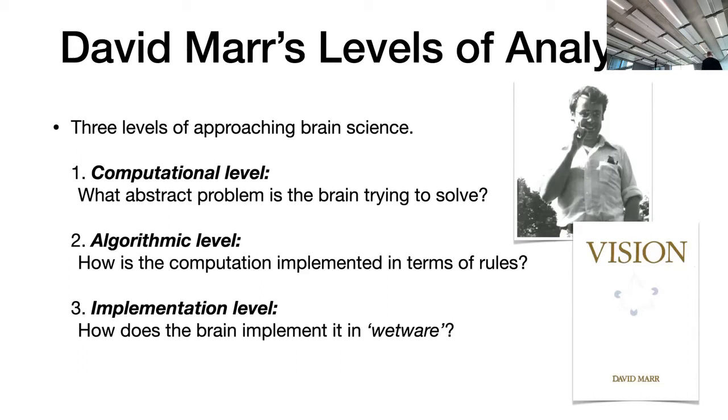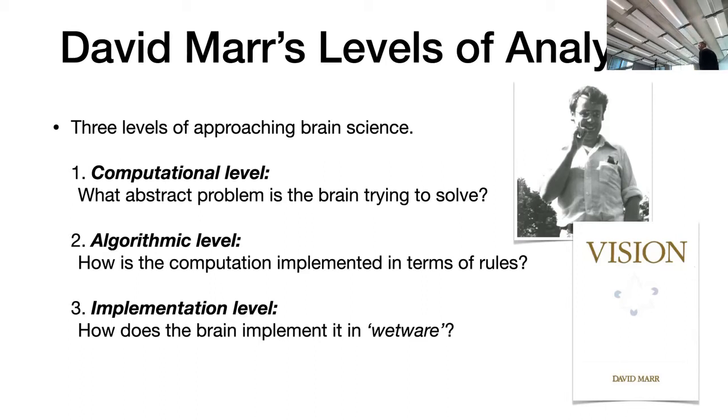Now then is the algorithmic level. Okay, if I now understand this abstract problem that the brain should be solving, how would it implement it in terms of the code or pseudocode that I would need to write for the organism to implement it? So that's the algorithmic level.